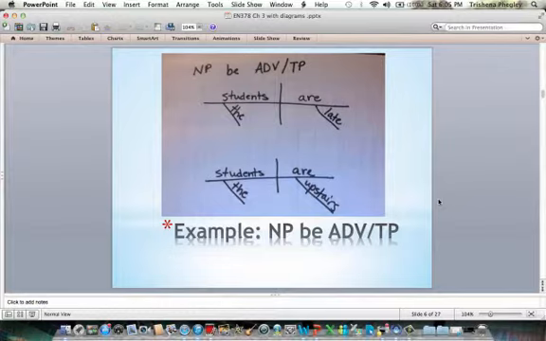In both of these sentences, students is the subject, are is the be verb, and the adverb of time or place comes down off of the word that it modifies. So we have late and upstairs coming down off of the be verb are. Both of those are adverbs of time or place. Late is an adverb of time, upstairs is an adverb of place.